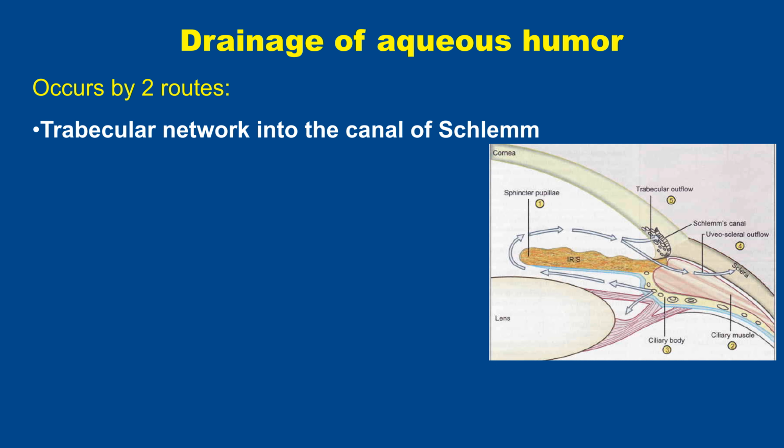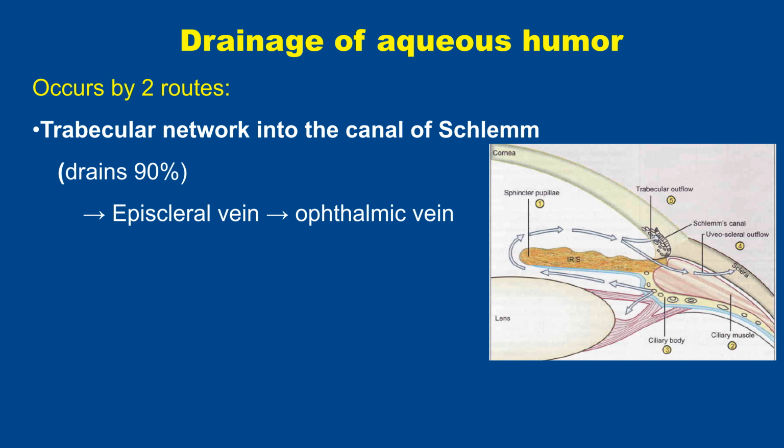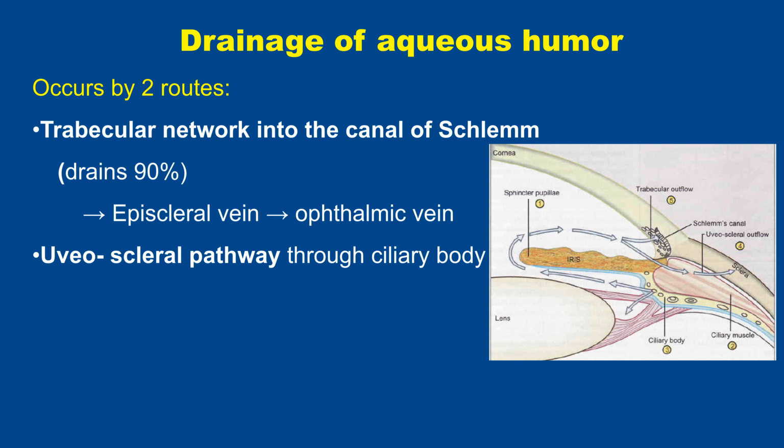The major route drains 90% of aqueous humor through the trabecular meshwork into the canal of Schlemm, then from the canal of Schlemm to the episcleral vein, and that eventually drains into the ophthalmic vein. The second pathway is the uveoscleral pathway, which contributes 10 to 15% of the drainage.